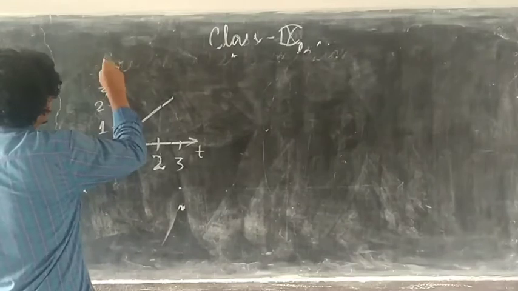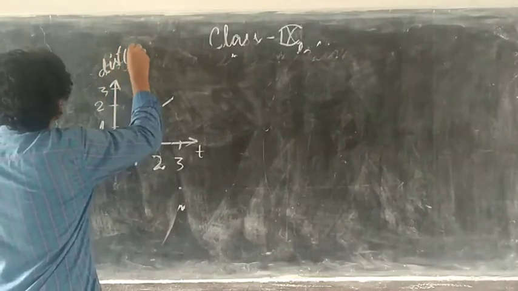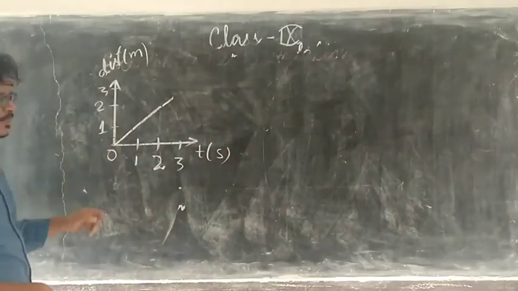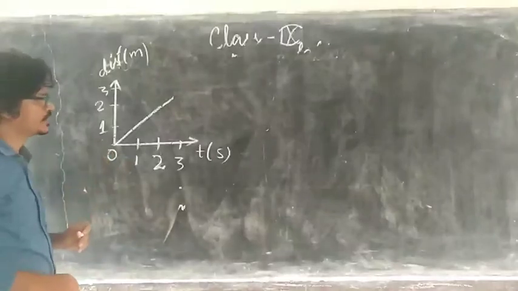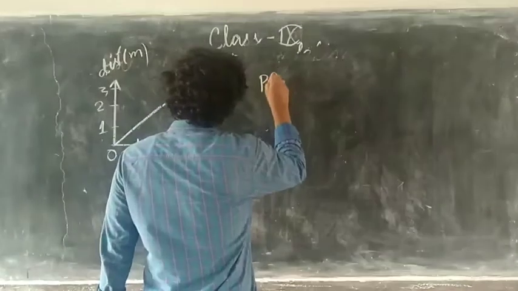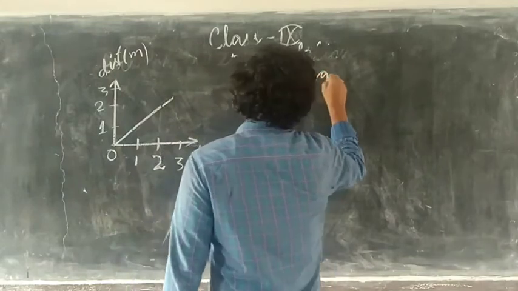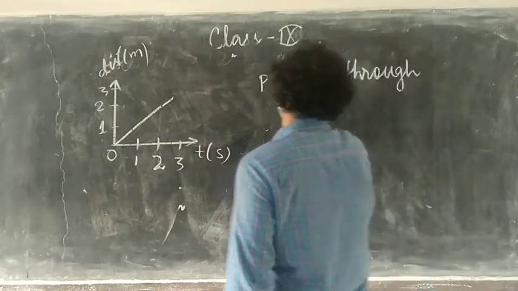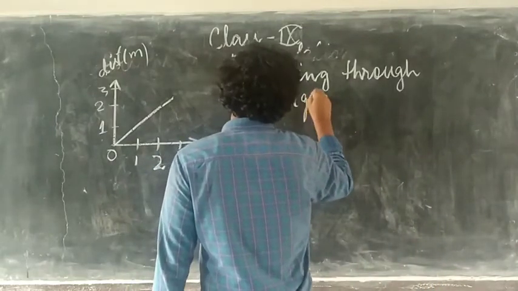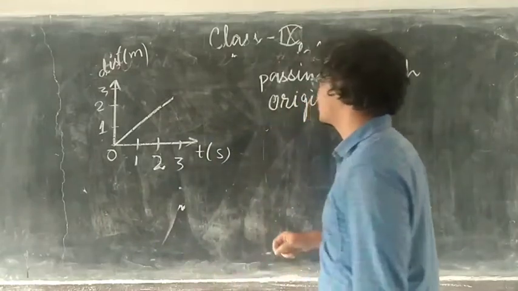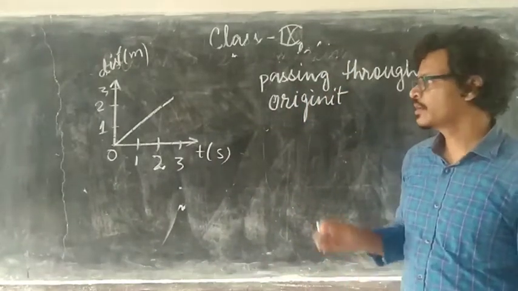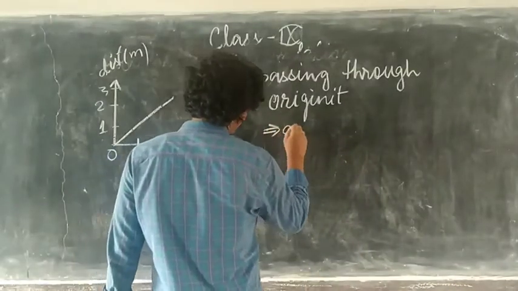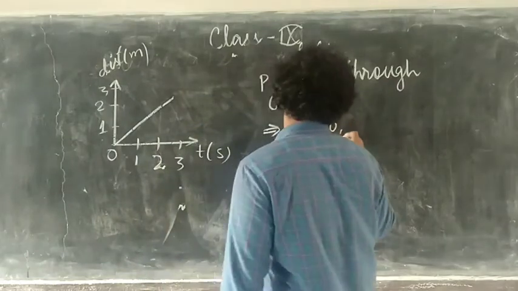This is distance in meters. This is time in seconds. So this is the graph which is passing through the origin. Passing through the origin means at t equal to 0, the object was at the origin.